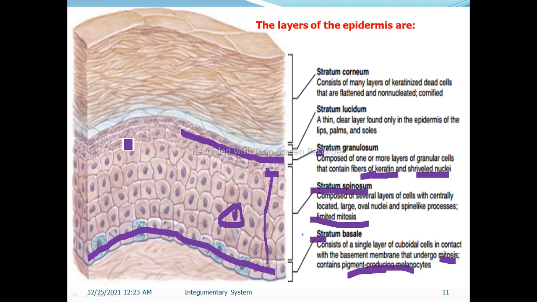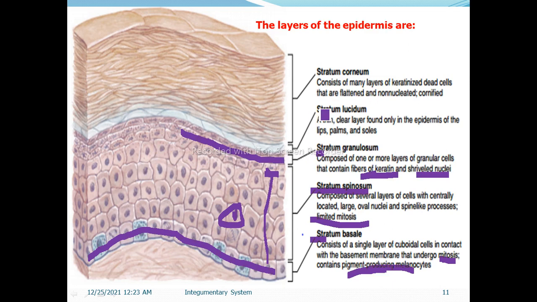By the way, there are some levels of keratin in this layer, and as you can see, the nucleus is shriveled. To some extent the nucleus is constricted. This layer is known as stratum granulosum.